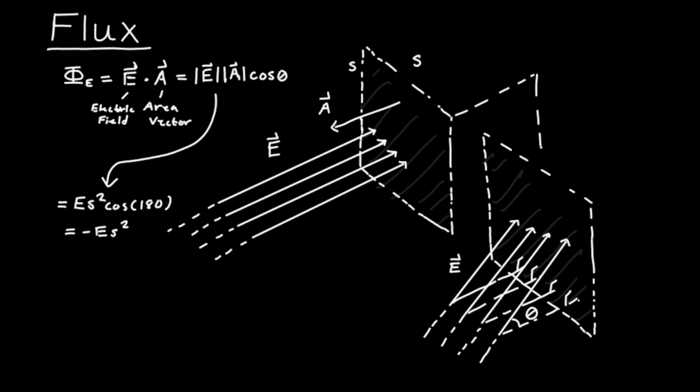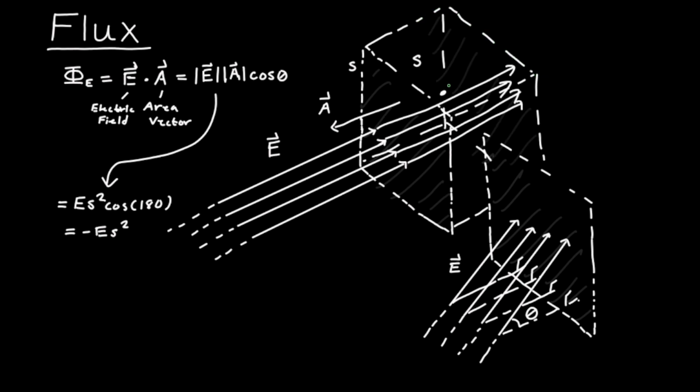Now, let's imagine we had a cube instead, and that the electric field lines pass through one face of the cube and out the other. For a closed 3D object, we consider the area vector to be pointing away from the center at each face. So the area vector we defined would be correct in this case for pointing out.